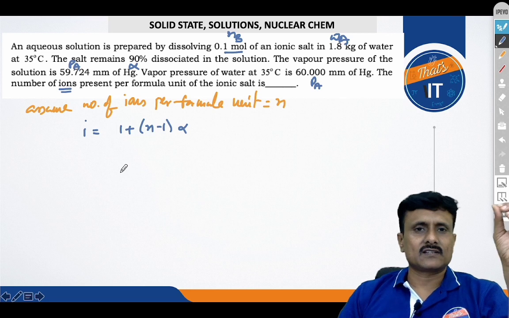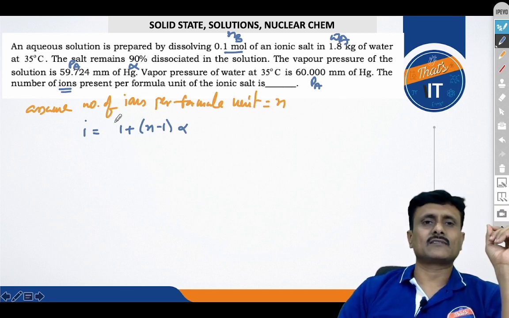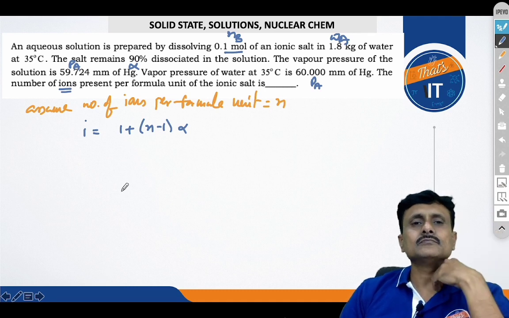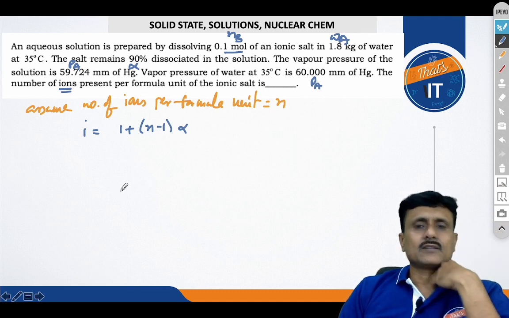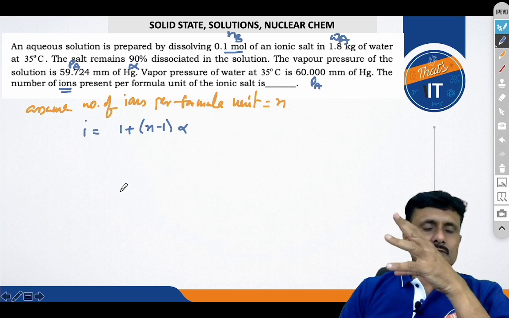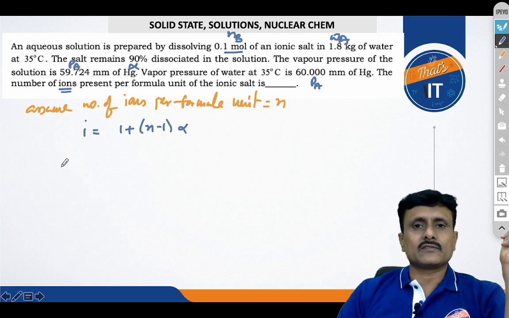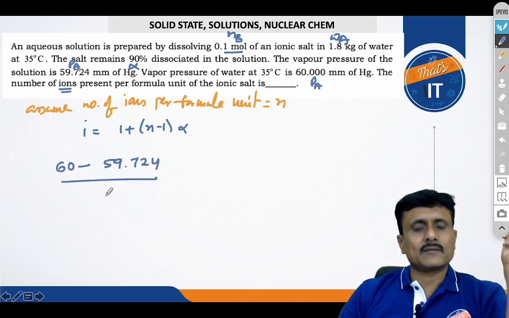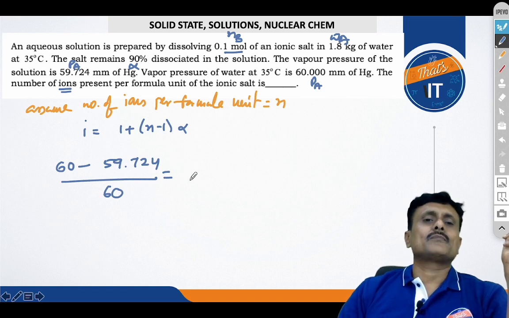Now you need to solve this question, right? For that you have to take this value. What is that value? You need to take into consideration what values are given here. Just carefully observe, right? So you can see that P0 minus P by P0 equal to XB.